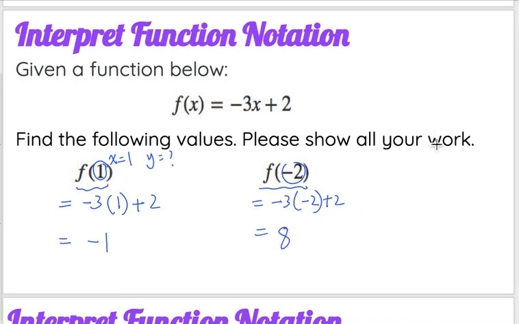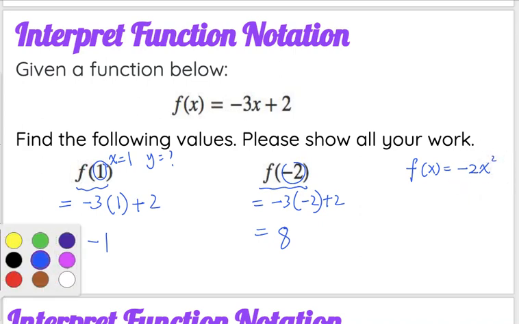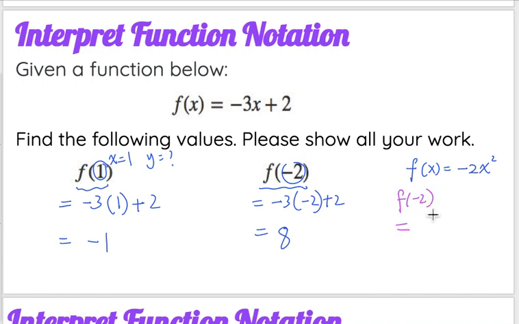One more thing I want to remind you: instead of working on a linear function, we can also work on, let's see, -2x squared. That's a quadratic function. I just want to quickly give you an example. I want to find f of -2. Again, we do exactly the same thing. We plug the value of x into the equation. The reason I put this equation is that oftentimes when we work with exponents, it's very easy to make mistakes.